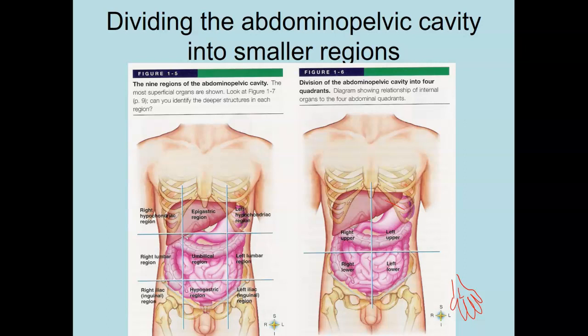So now let's say you have a patient who comes in who has pain in the lower right abdominopelvic quadrant. Well, that can be broken up into a finer subdivision, to the right iliac, the hypogastric region, the umbilical region, maybe not so much the umbilical, but some of it, and then the right lumbar region. Where's the pain happening?